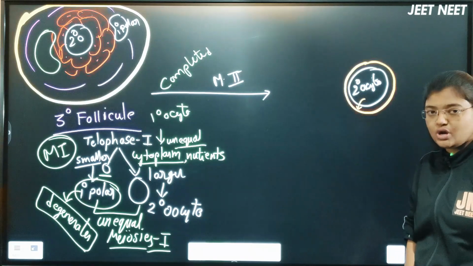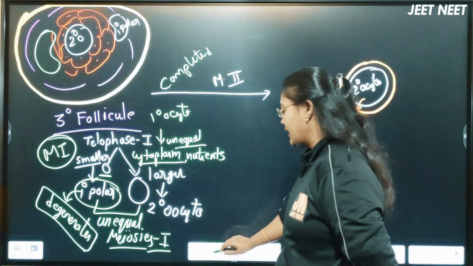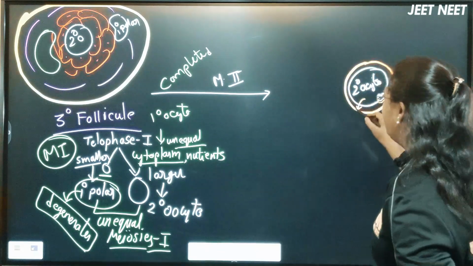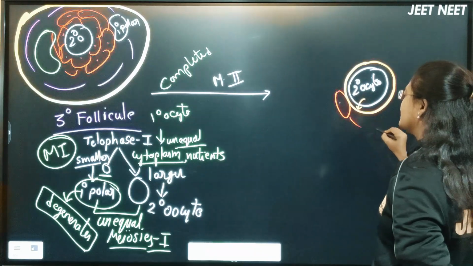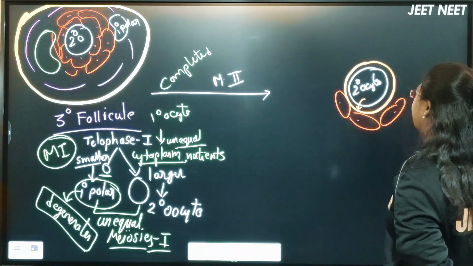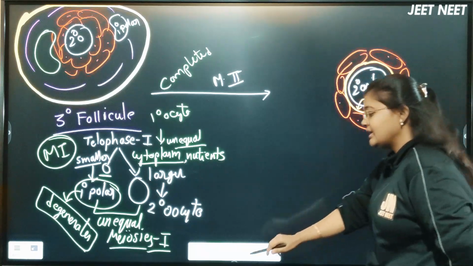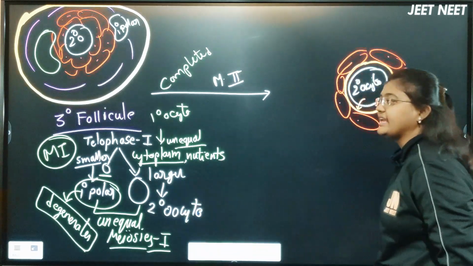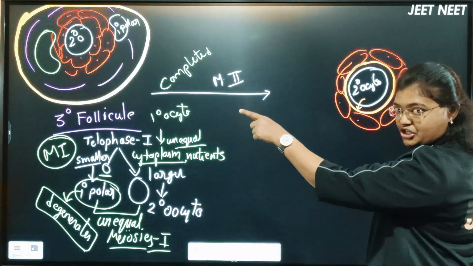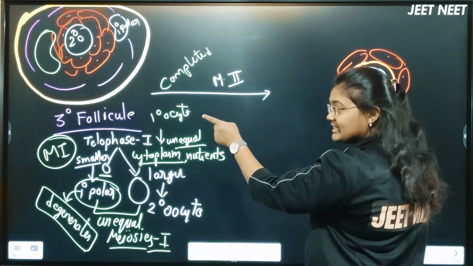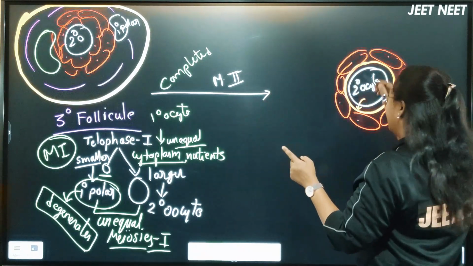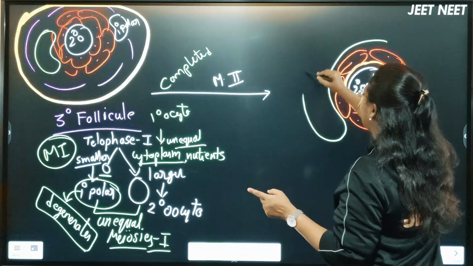Around this zona pellucida we have cells called granulosa cells. Along with that there is a cavity which was already there in the tertiary follicle. What is the name of that cavity? Antrum. That cavity has become large.